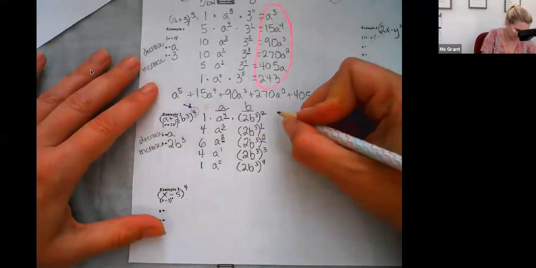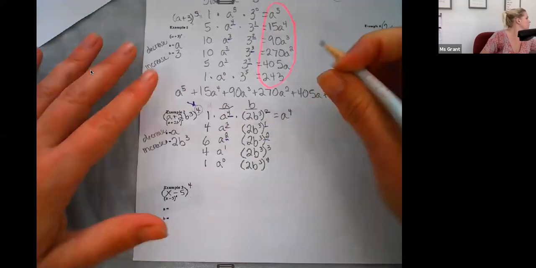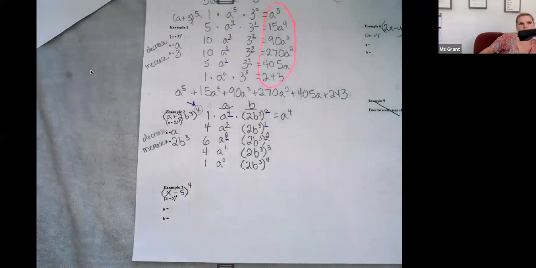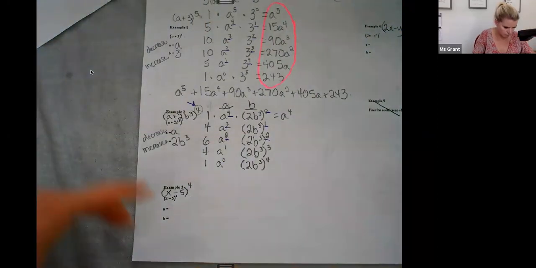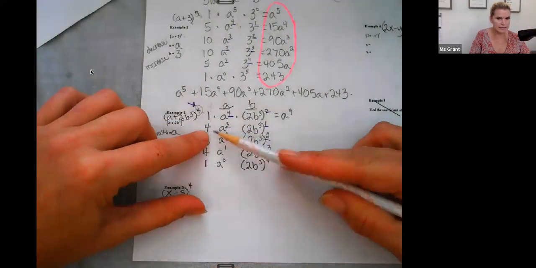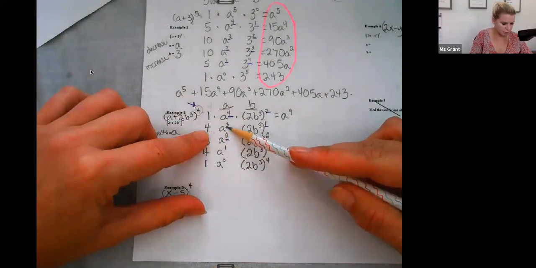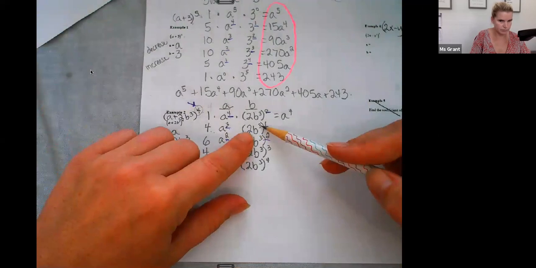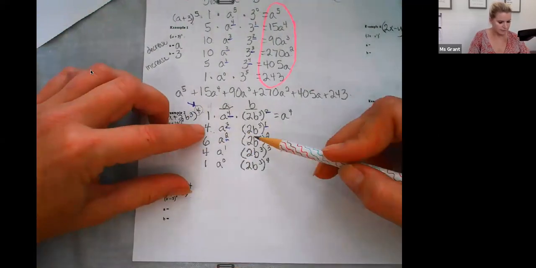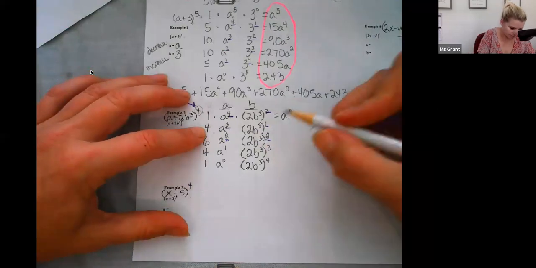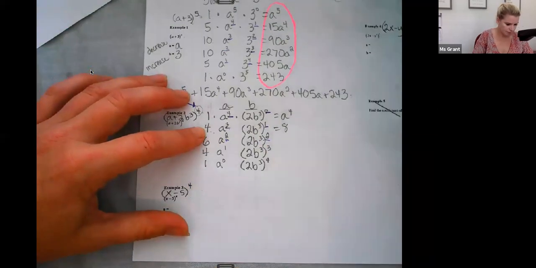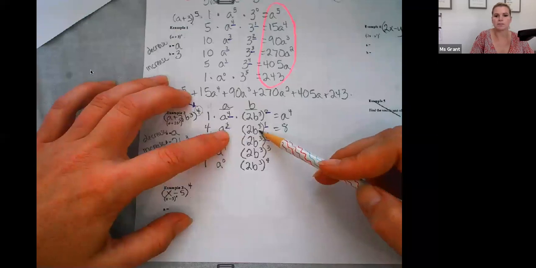A to the fourth. Four times a cubed times 2b to the third. Okay. This is basically 4 times 2, 8. Then a cubed, b cubed.